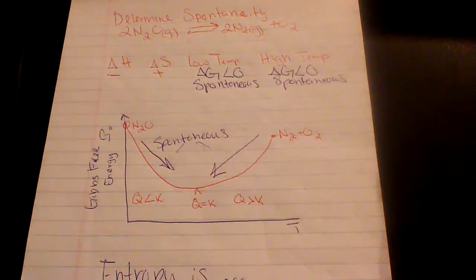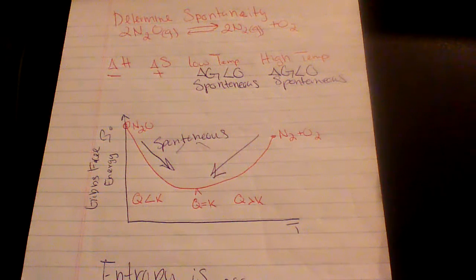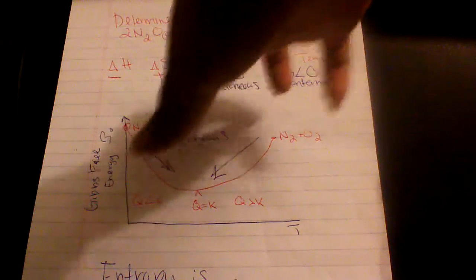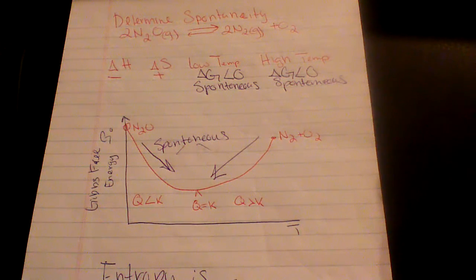So for a quick example here, if we're determining spontaneity, you can see we have dinitrogen monoxide, which essentially produces nitrogen gas and oxygen gas.